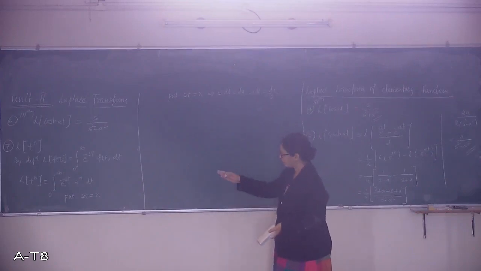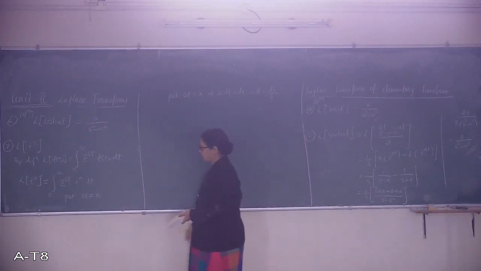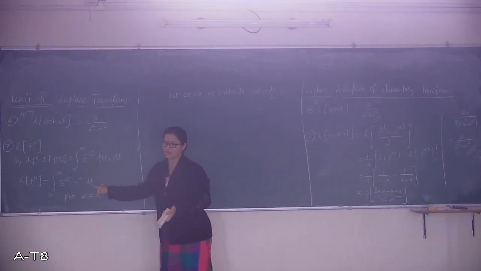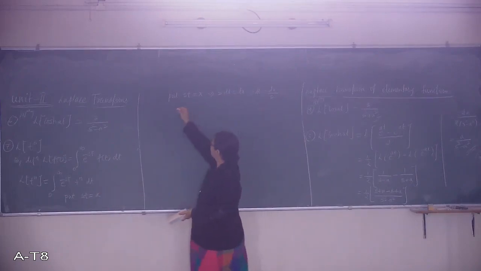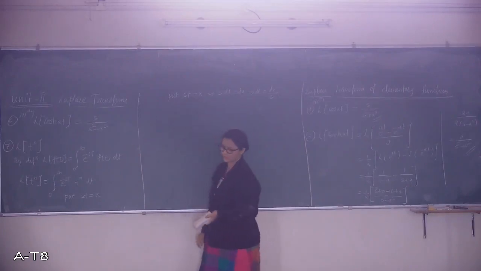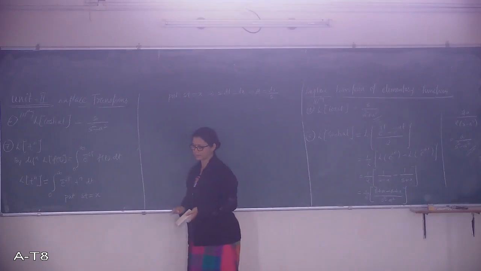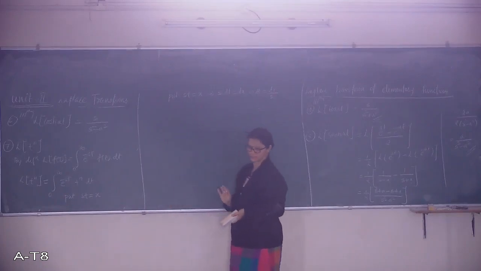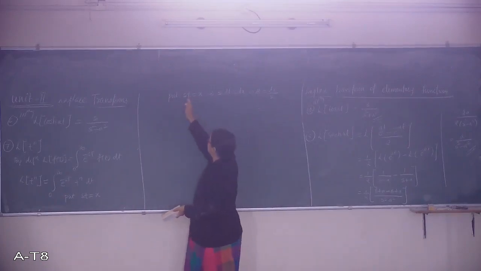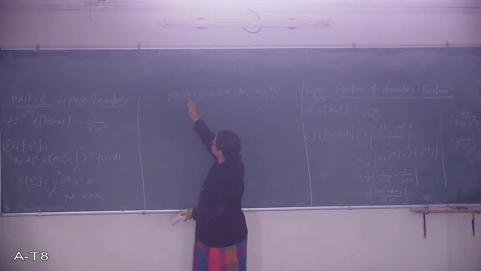Here the limits are 0 and infinity, which is defined for t. Now we are converting this function from t in terms of x, so we have to define the limits for x. We already took the substitution st equals to x.